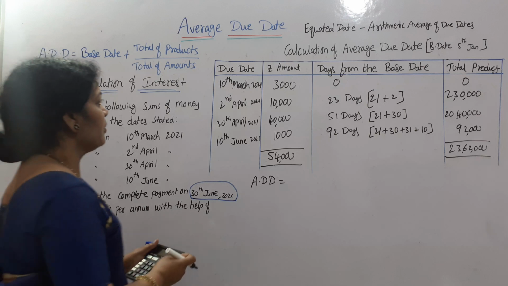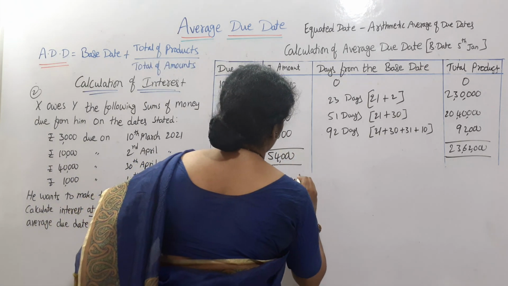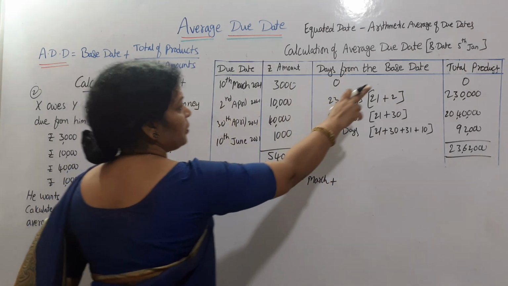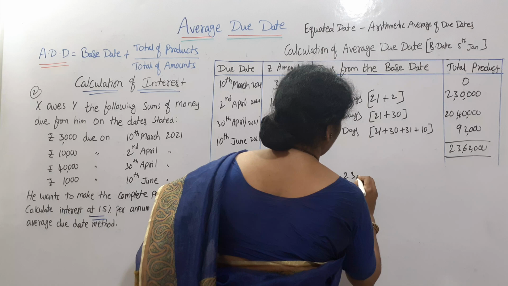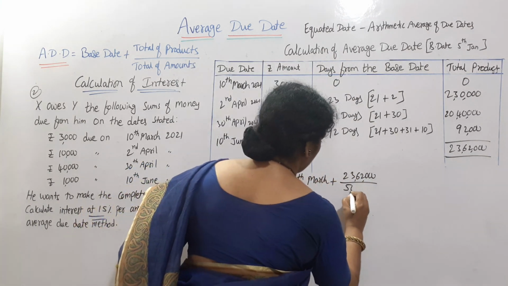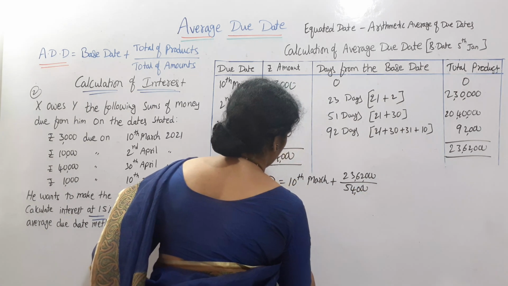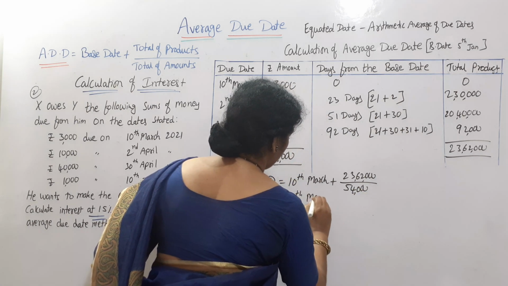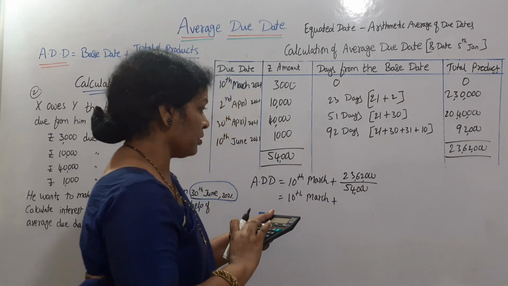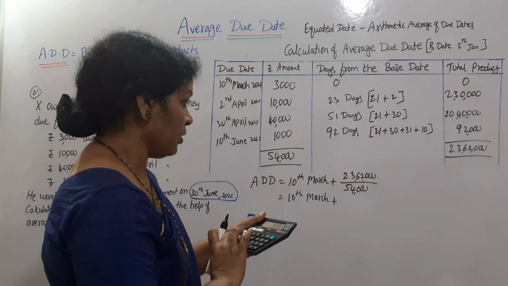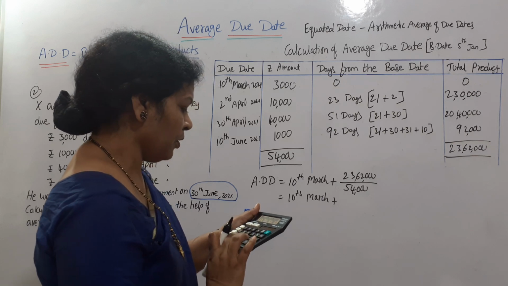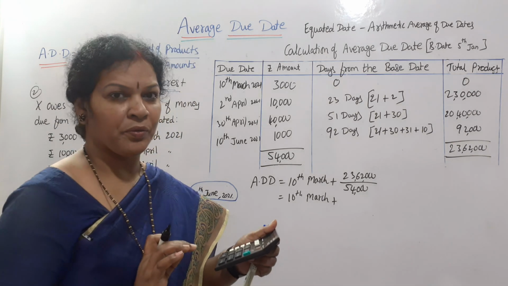So the base date is 10th March, plus the total product, 23,62,000, divided by total amount 54,000, which comes to 43.74.